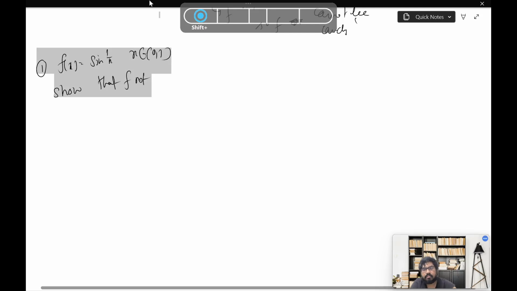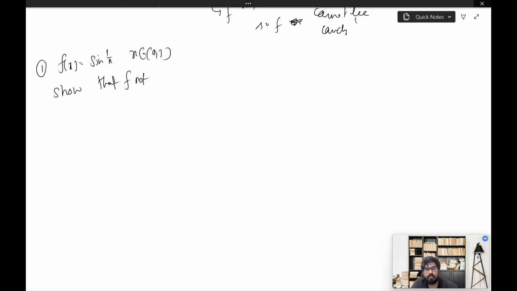So, in order to show this, we will use the Cauchy criterion. One possible hint is the sequential criterion.